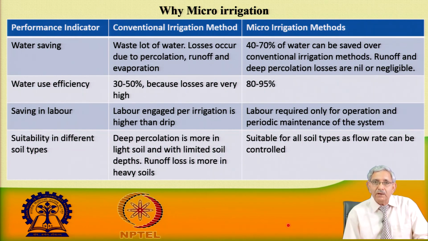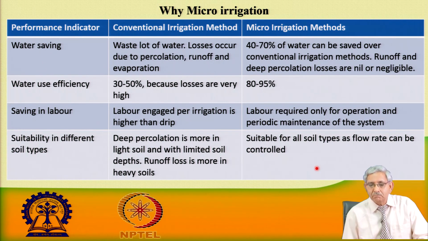With surface irrigation across different soil types, percolation is more in light soils such as sandy loam, and runoff takes place in heavy or clay soils, whereas micro irrigation can be applied to all types of soil, which is another added advantage.